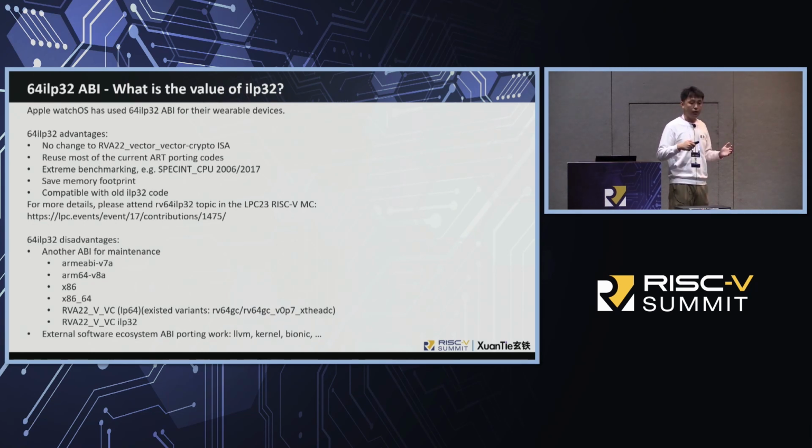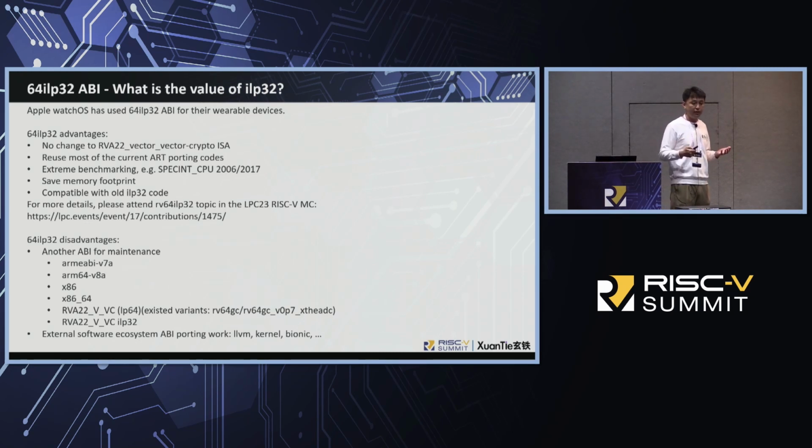I want to get some feedback from the Android experts on how about the ILP32 ABI getting into Android. The advantage is that this ABI makes no change to the current hardware ISA definition. It's just a software data type change. Another advantage is that it could reuse most of the current porting code.